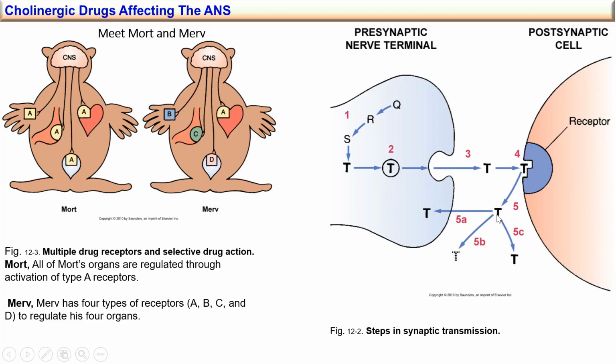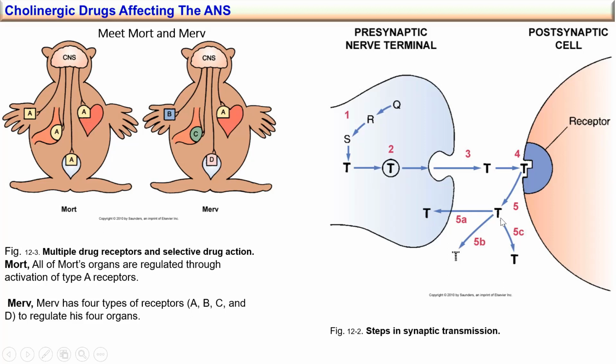Then number 5 is termination. The transmitter has a life cycle; in other words, there is an end point for it. Step 5 is the termination of transmission, in which the transmitter dissociates from its receptor and is then removed from the synaptic gap.